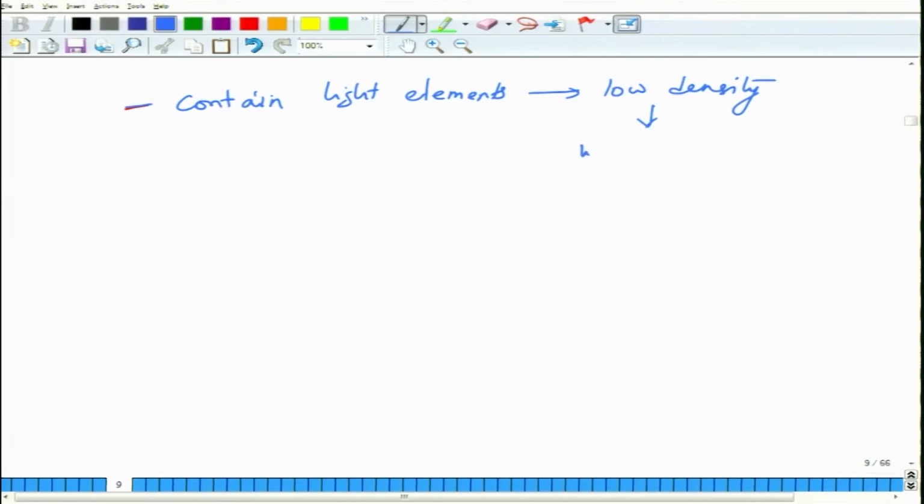Then they have excellent corrosion resistance. For example, HF cannot be stored in glass bottles, it can only be stored in plastic bottles.